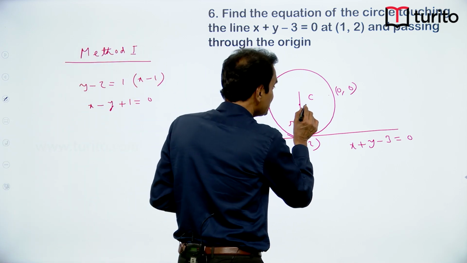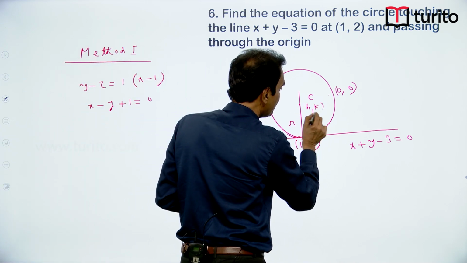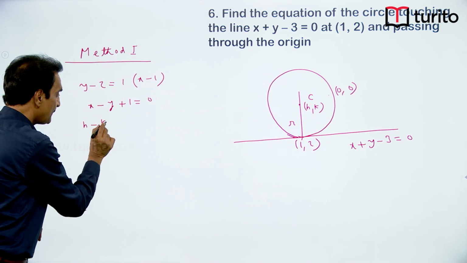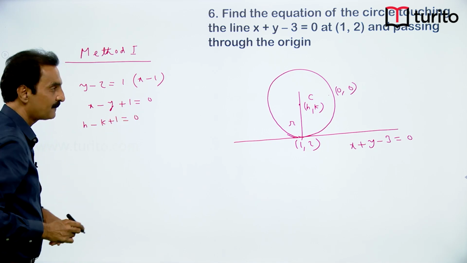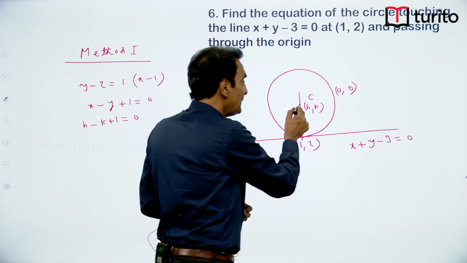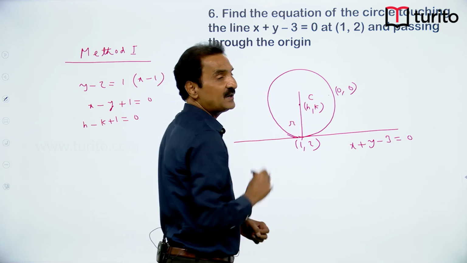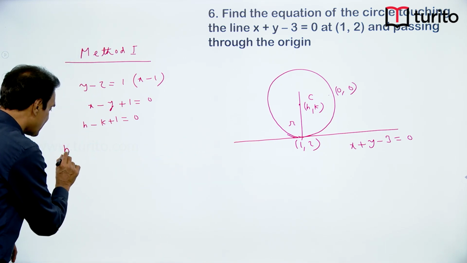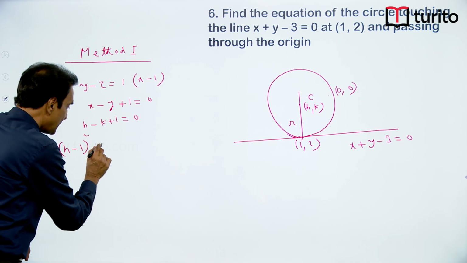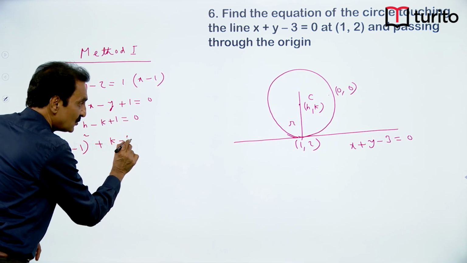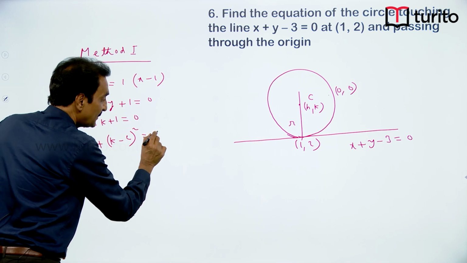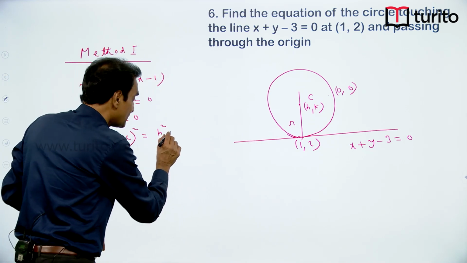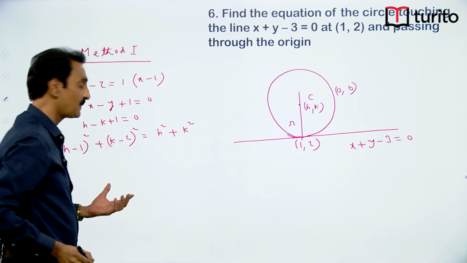If you take center as h comma k, it lies on this line. So, h minus k plus 1 is equal to 0, and center will be equidistant from 1 comma 2 and 0 comma 0. So, equating the distances, h minus 1 whole square plus k minus 2 whole square is equal to the square of the distance from the origin, h minus 0 whole square, h square plus k square.